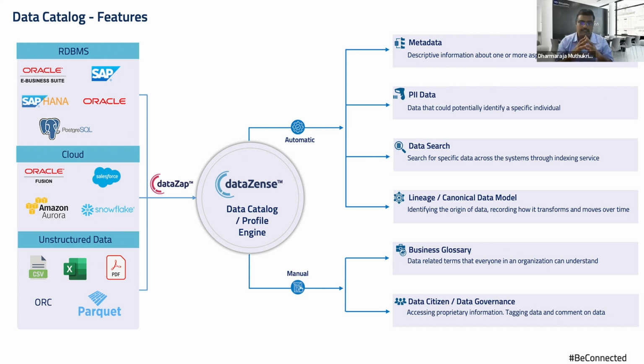So I can just go and start defining in the business glossary. The business glossary here is not going to be a static one. It is going to be dynamic, and the user can create templates based on their requirements. So we have mandatory steps. We have a mandatory definition in the business glossary, which we have pre-built.